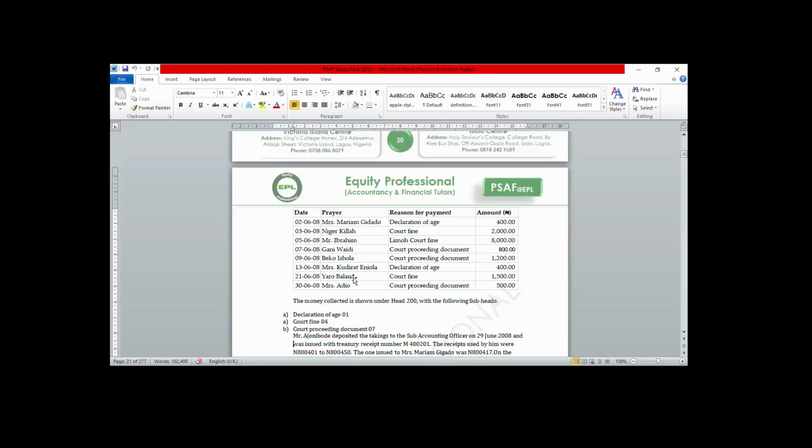Ajonibode deposited the takings with the sub-accounting officer on the 29th June 2008 and was issued with Treasury receipt number M400-201. The receipts used by him were N800-0401 to 800-40450.